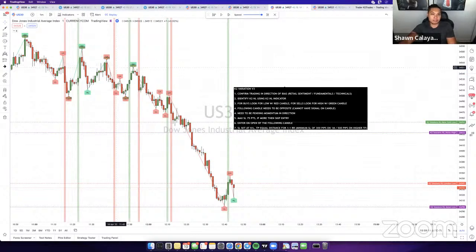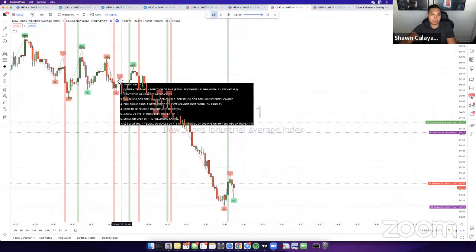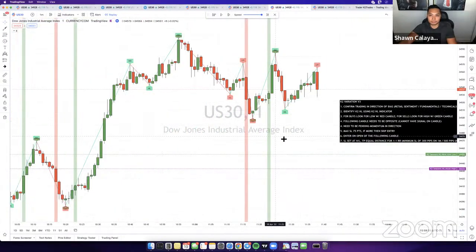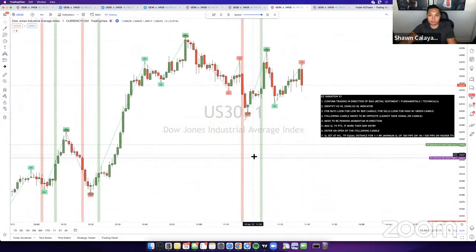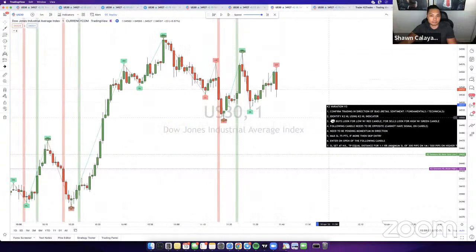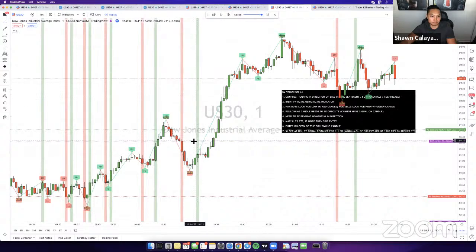You probably wouldn't take this trade here, but I'm just going to use this as an example because I just want to show you. As you can see, the market doesn't really move as fast on the 1 minute, or it hasn't been, so it's kind of hard to find these entries here, but I'm just going to use this to show you. Actually, it doesn't even fit, my bad.